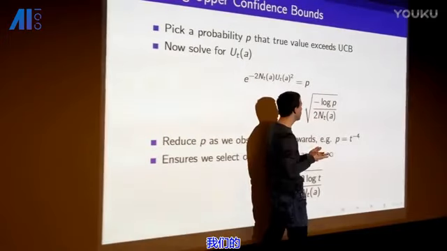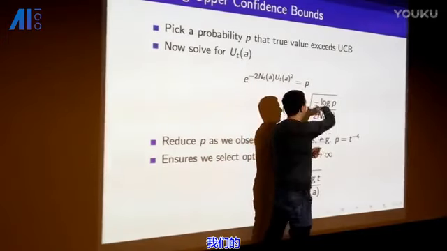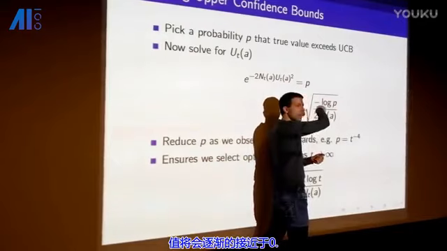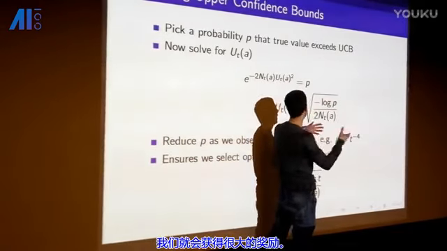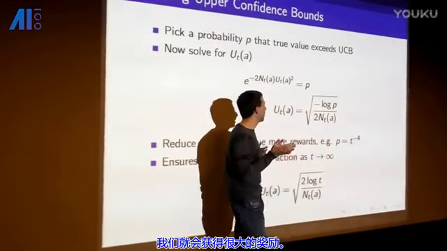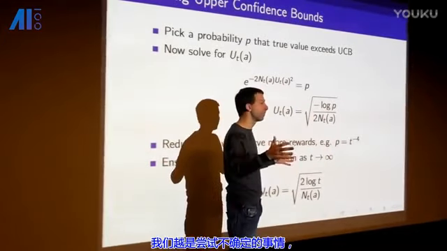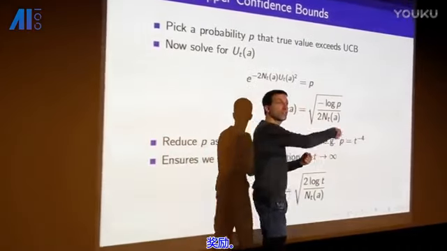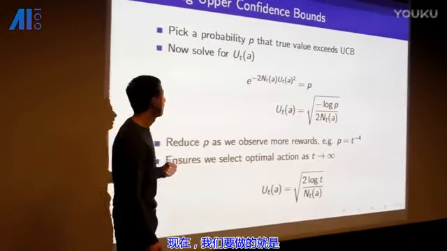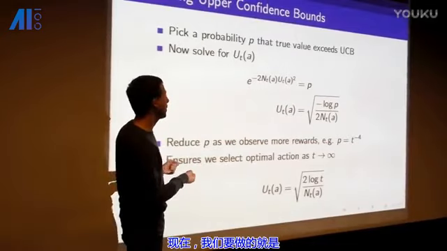That means that as we pick things more and more, this bonus term is going to get pushed down towards 0. And for actions that we haven't tried very often, they're going to have a very large bonus term. So the less we've tried something, the more uncertain we are, and the more we add on to this bonus. That gives our interval.